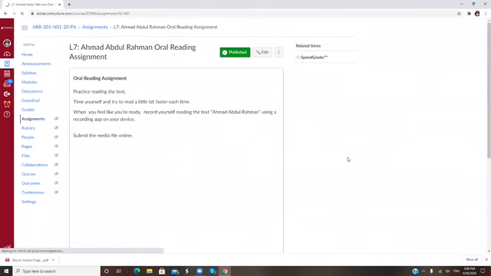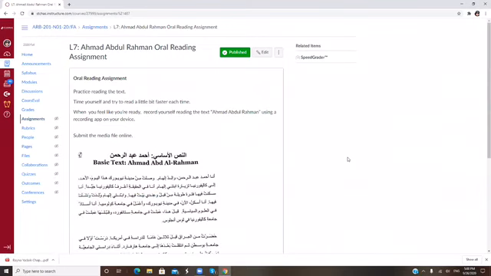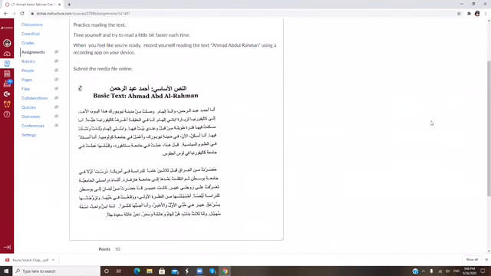Practice reading it and try to read it a little bit faster each time. Read it several times, record yourself using a recording app, and send me the recording. So you have 3 different things to do: the BAYNA Yadaik Chapter 8 vocabulary quiz, the question answering on Ahmed Abdul Rahman, and the oral reading assignment.